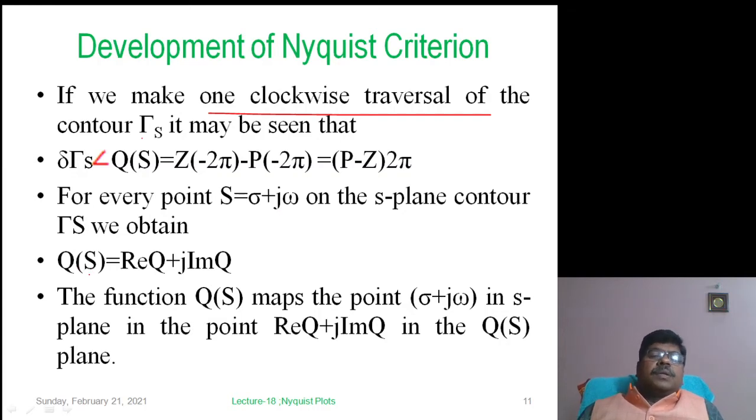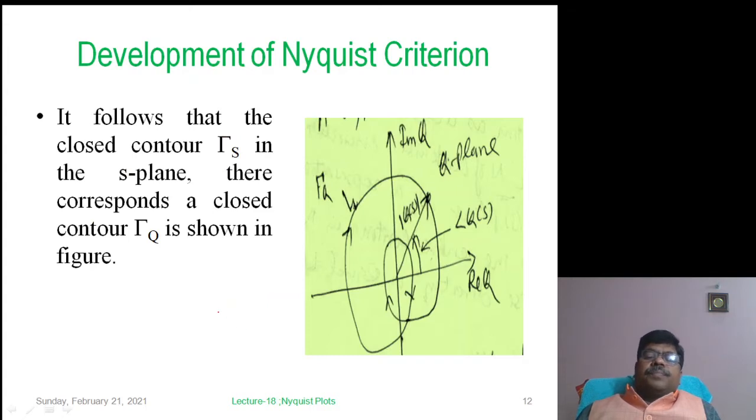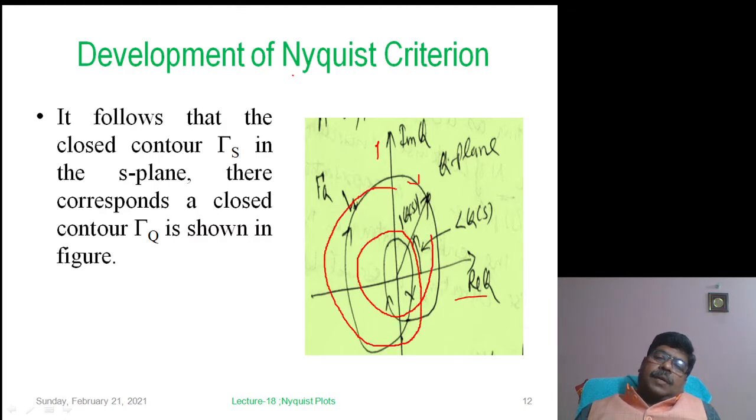Now, this map can be a function of Q(s), meaning s = sigma plus j omega, in the real Q and imaginary Q plane. Here, real Q is on the x axis and imaginary Q is on the y axis, and this is the contour that travels like this, moving like this, and connecting like this.